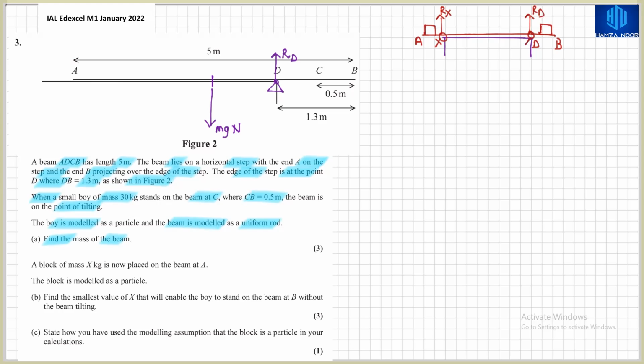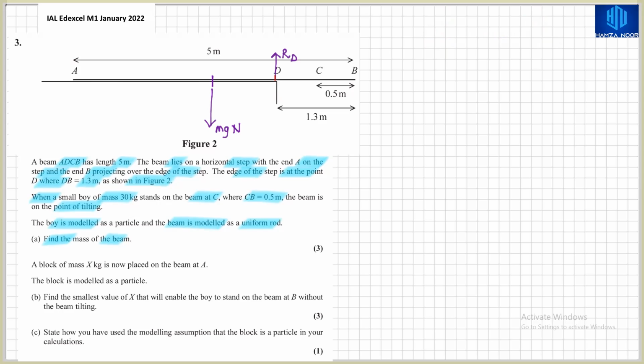So both edges would act as a support. This is the correct way to identify where to keep the normal reaction force and where not to. So in this case, there is no normal reaction at point A. And this support is just an imaginary object I've made. Otherwise, it's just an edge and it is acting like a support.